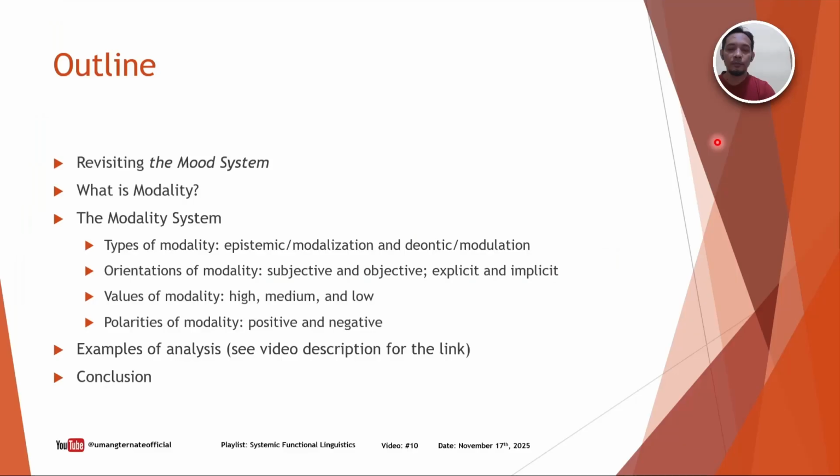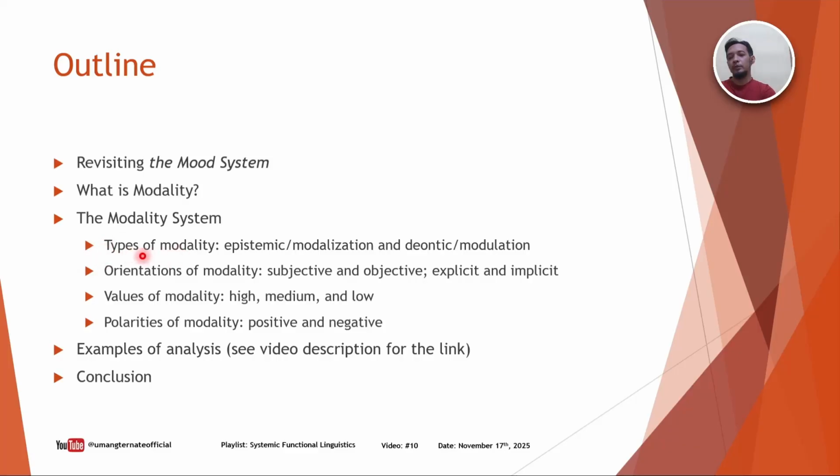Okay, so these are what we are going to cover in this video. The first one, we will very briefly revisit the mood system that we have discussed in the previous video, and then we will see what the modality is, what it means, and then we will look at the modality system itself.